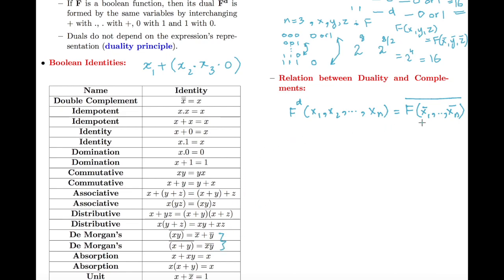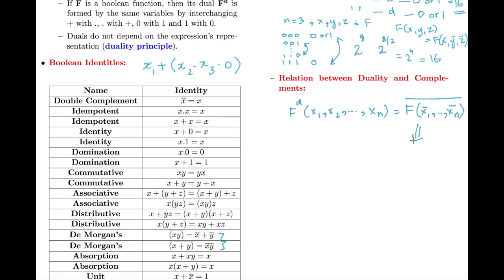So now let's start with this one. What does it mean? We have x1 bar, x2 bar, but we are taking the complement of the whole thing. When we take the complement of the whole function, whatever the function is, it can be in a form like this.